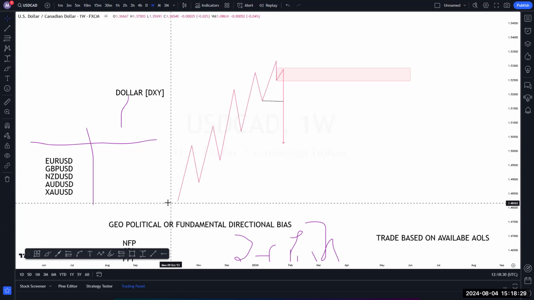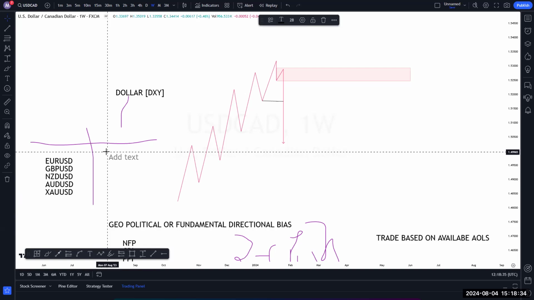Here we are also having USDCAD, USDCHF, USDZAR, USDJPY, because most people don't trade it, and USDMXN maybe the last one.